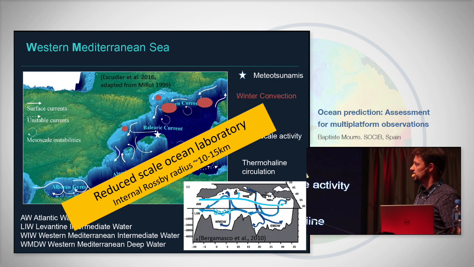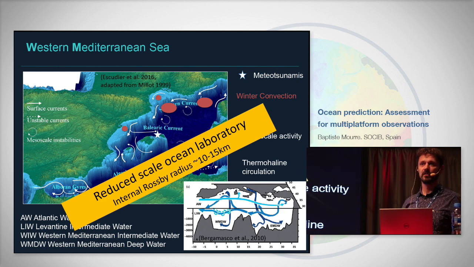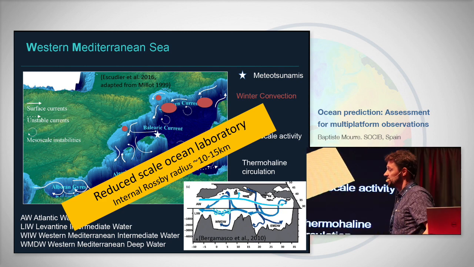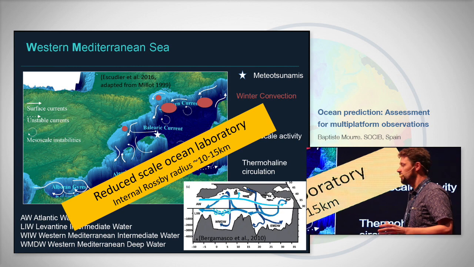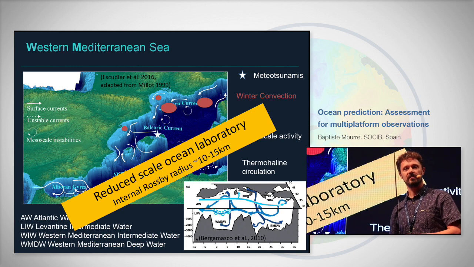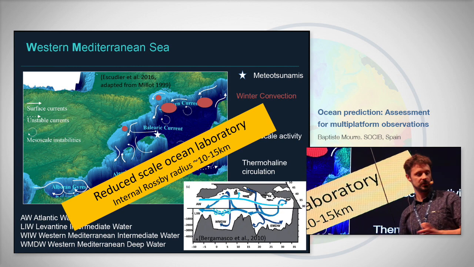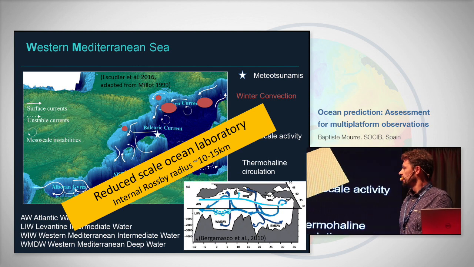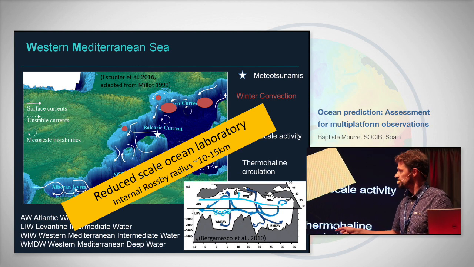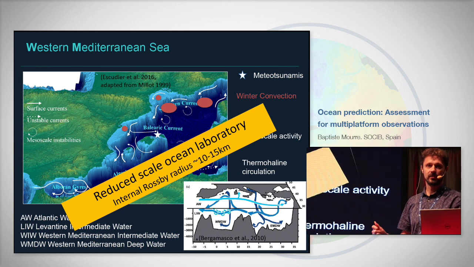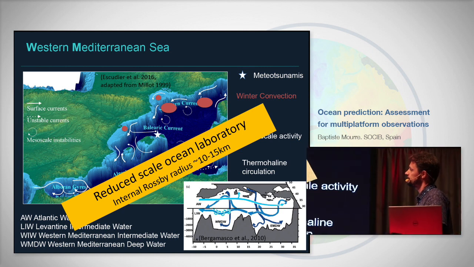So that's why the Mediterranean Sea is often considered a natural ocean laboratory. The internal Rossby radius is of the order of 10-15 kilometers, so smaller than what you can find in the global ocean at the same latitude. And so you have a lot of processes that are relevant or that you can find in the other oceans.